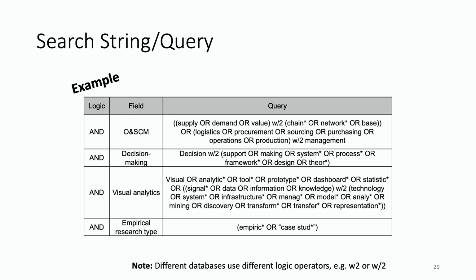So you probably only need to worry about the within or near operators. Some databases will have within, some will call it near, and so on. And there are other operators like NOT, or NOR. So there are different variations, but they're quite exotic and they serve very specific purposes.